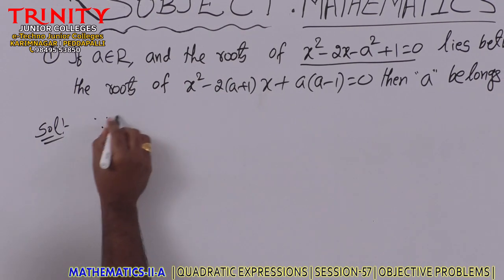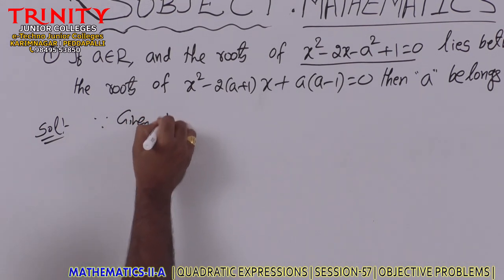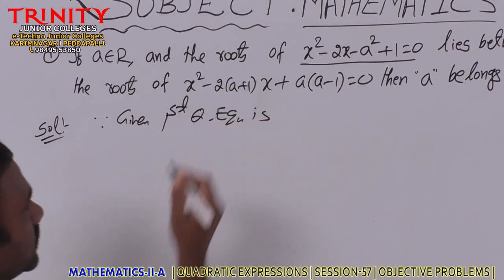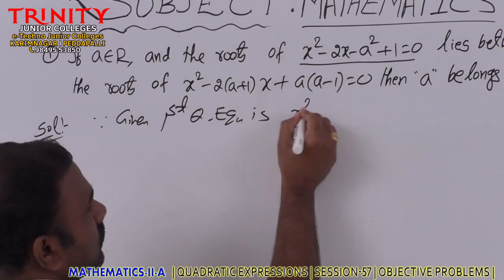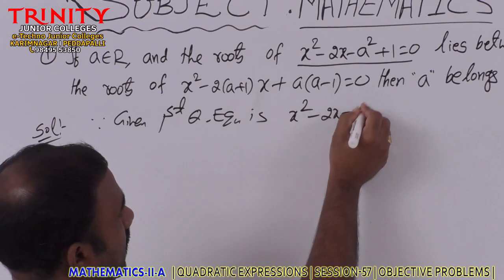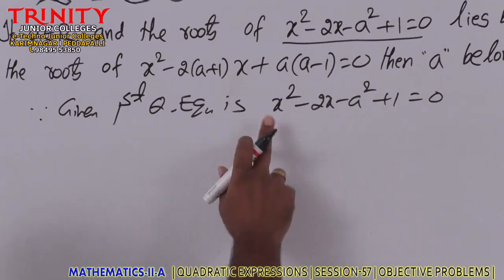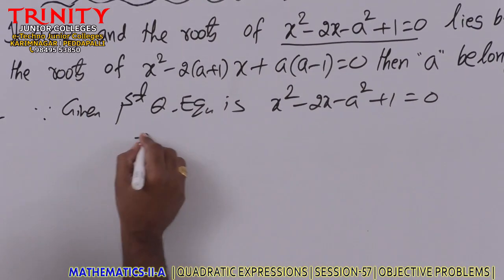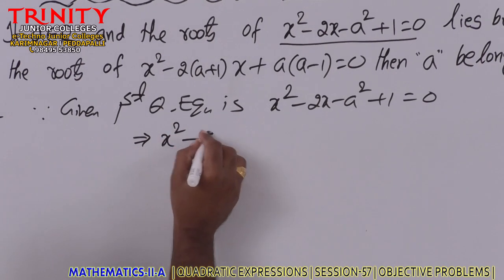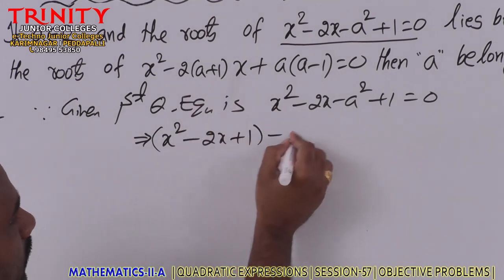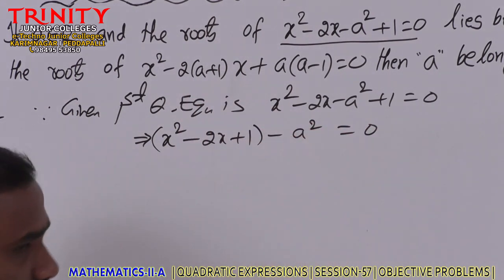Since the given first quadratic equation is x square minus 2x minus a square plus 1 equal to 0. From this, x square minus 2x plus 1, this is one combination, minus a square equal to 0.